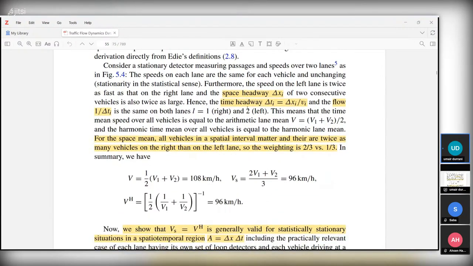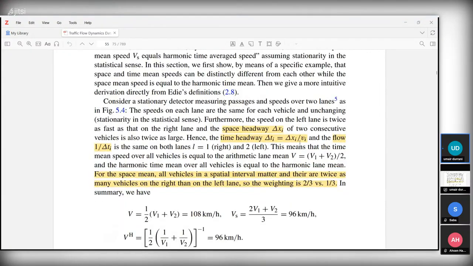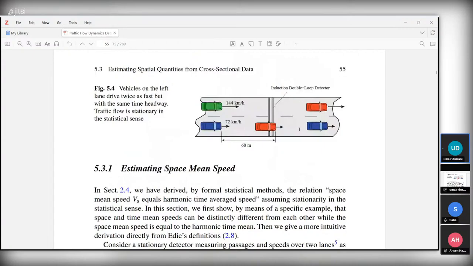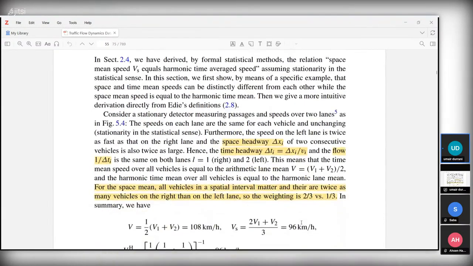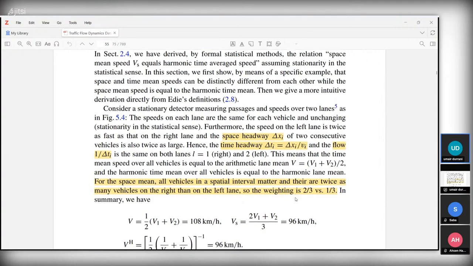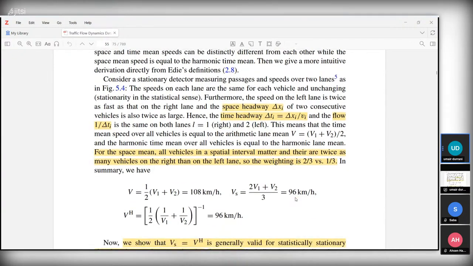Here they mentioned that the time headway can also be estimated using the space headway divided by the speed. For example, if the space headway is 120 and we have the speed of 72, or 60 and 72, then we can estimate the time headway based on that. Using the equations of the time mean speed, the space mean speed and the harmonic mean speed, we can estimate these values.